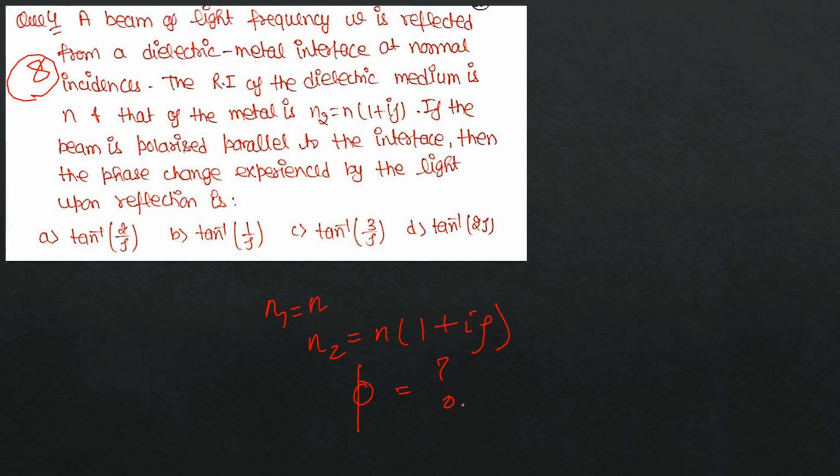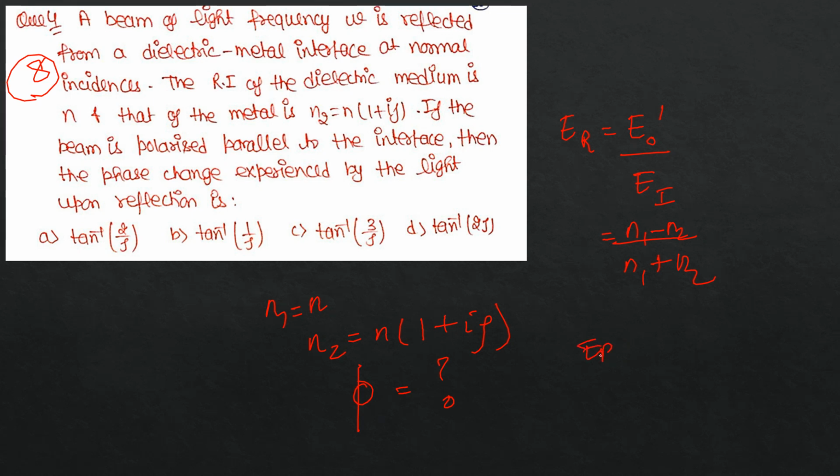So how can we do it? Let's do this. ER is equal to E dash divided by EI. This is equal to (N1 minus N2) by (N1 plus N2), isn't it?